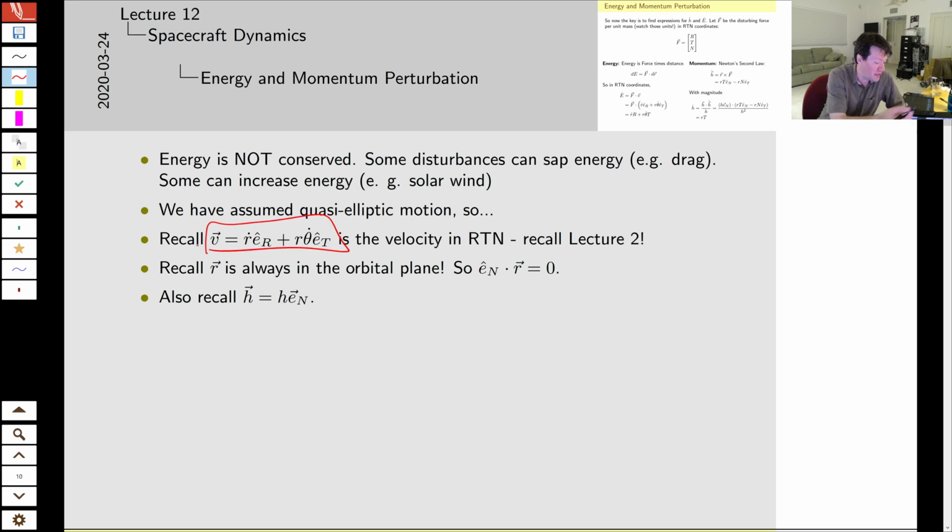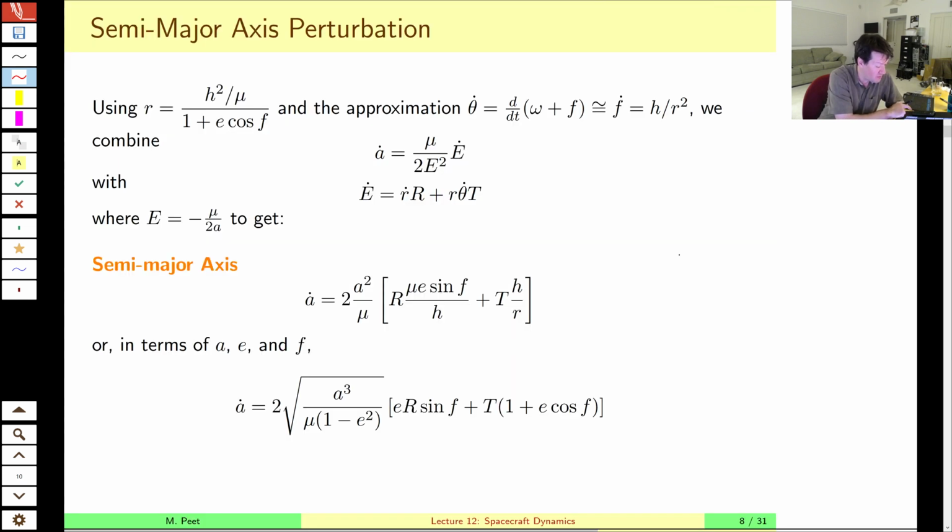This all comes from the quasi-steady state approximation we talked about. So all these things are valid, and this is just RTN, the RTN coordinate system from lecture 2. And so yes, we went through all of this.